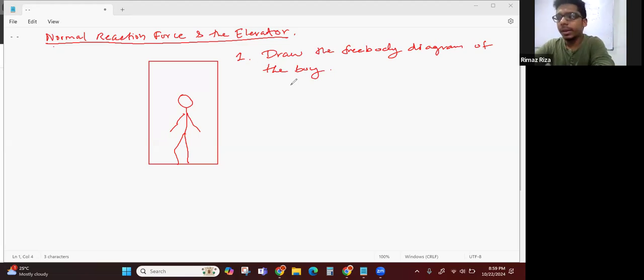You have to mark the forces acting on the boy, and then if you want, you can send it to me through the chat box so I can view your answers. I mean your drawing.